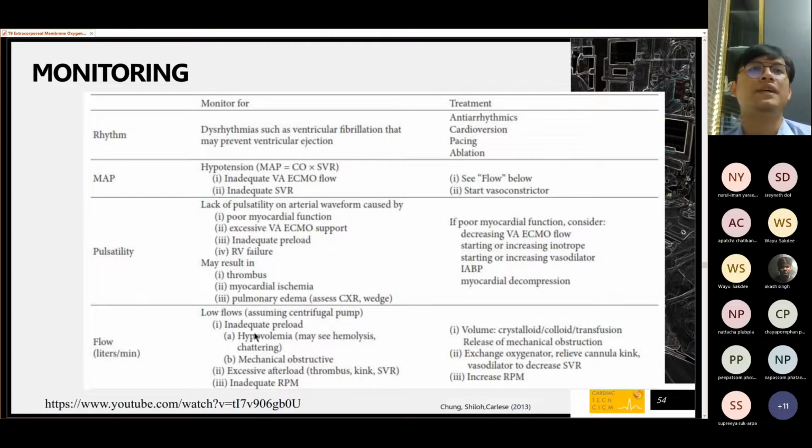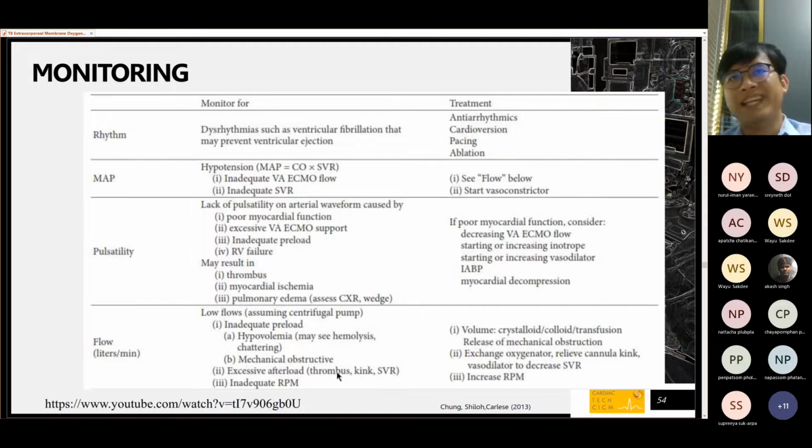It can be caused by inadequate preload. Another thing is hemolysis and obstruction. And excessive afterload, that means you have some obstruction on the other side of the pump, let's say the outflow or outlet.